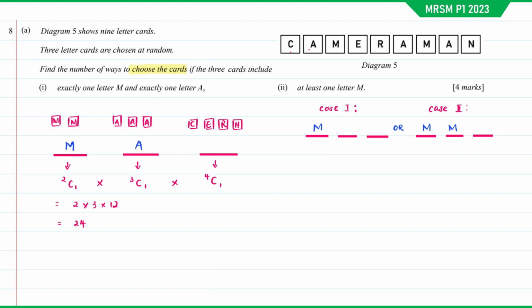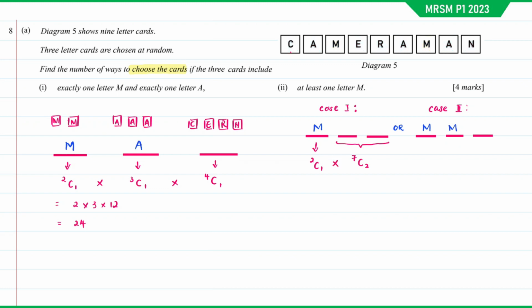For case number 1, to make sure we only have 1 letter M, we choose 1 M from these 2 letter M, so this will be 2C1. And for the other 2 letters, we choose 2 letters out of these 7 cards, so this will be 7C2. To find the number of ways, we multiply these.